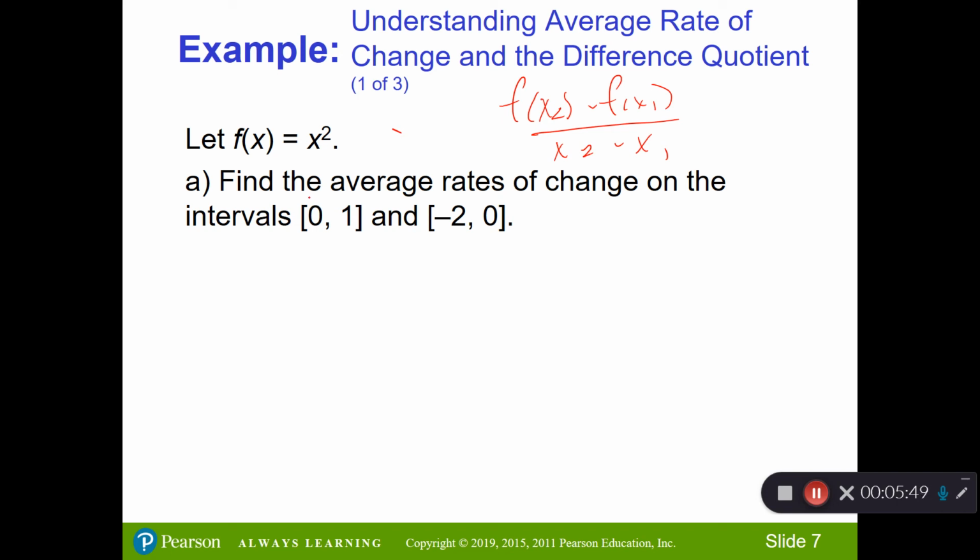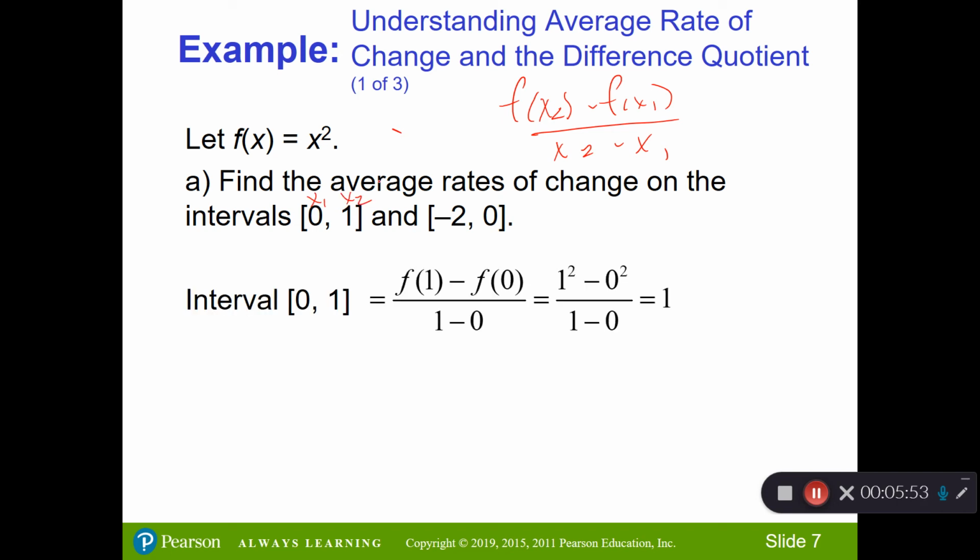So for this first interval, this is my x1, this is my x2. Over that interval, I would do f of 1 minus f of 0 over 1 minus 0. Plug into this to evaluate the f of 1, we get 1 squared minus 0 squared over 1 minus 0, which is just a 1.